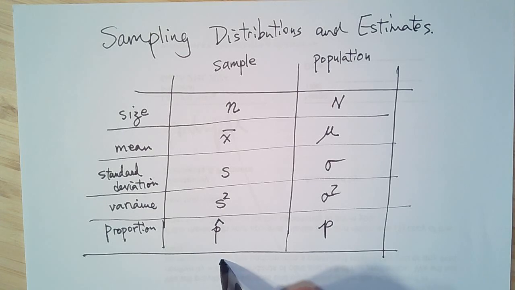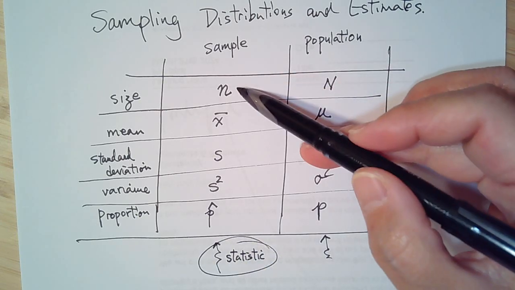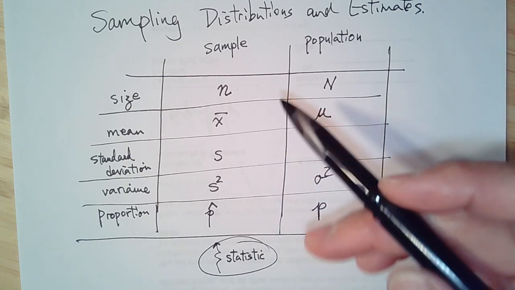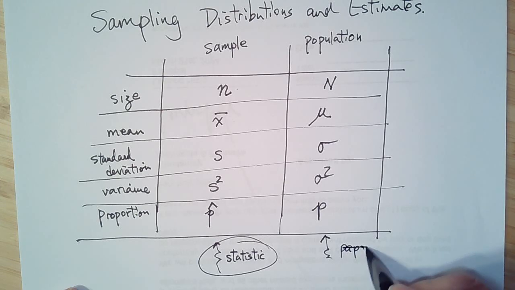All those and all those, they have a name. This is called a statistic. This is some measurement, whatever kind. For the sample, it's called a statistic. And for the population, we call this parameter, P-A-R-A, parameter.